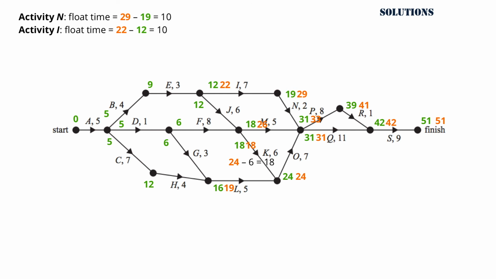Notice that for activities F and J, we need to take the smallest latest starting time from activities M and K, and that is 18.